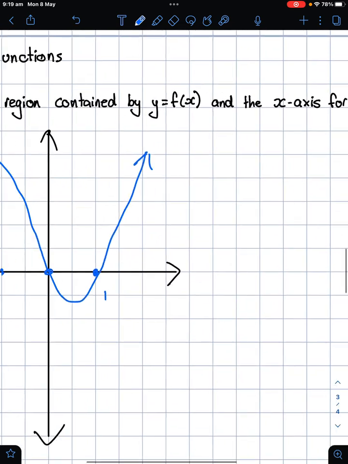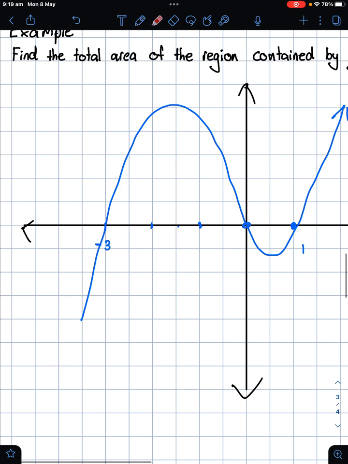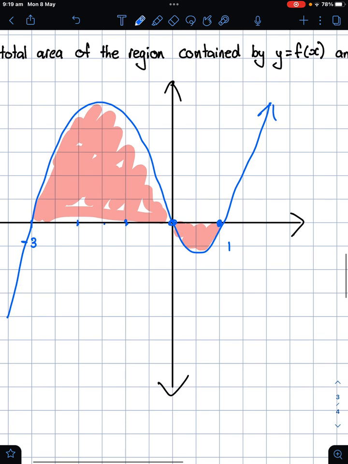And now this is more complex, this question, because we've got area here, which will be a definite integral. And then we've got an area here, which is a different definite integral, but it's going to be negative here. So I'm going to call this area 1 and area 2.